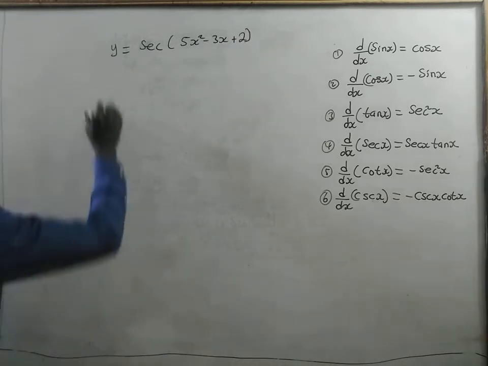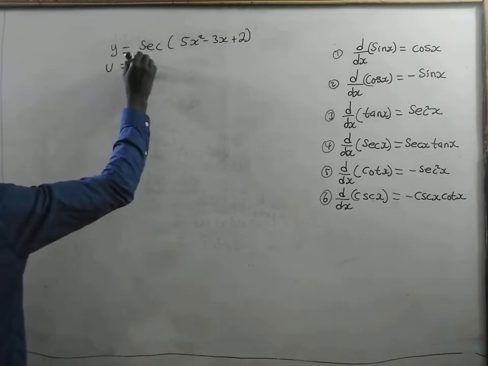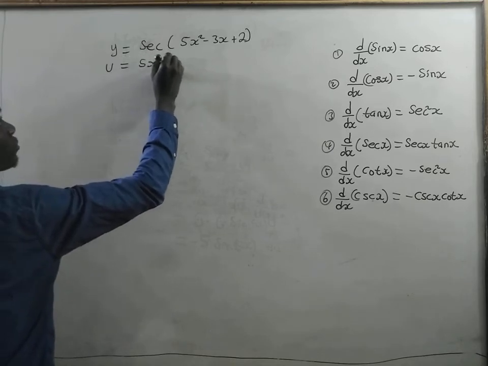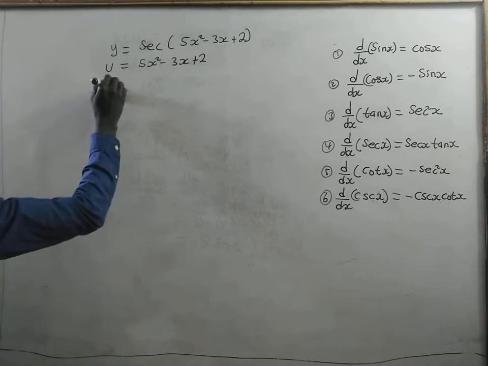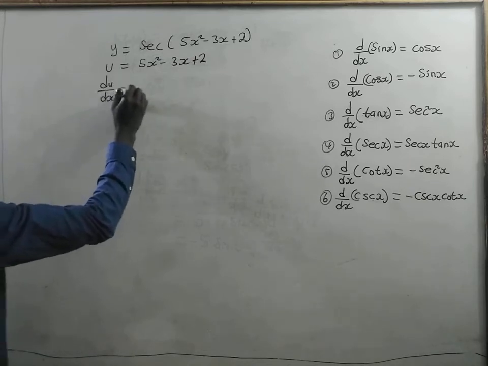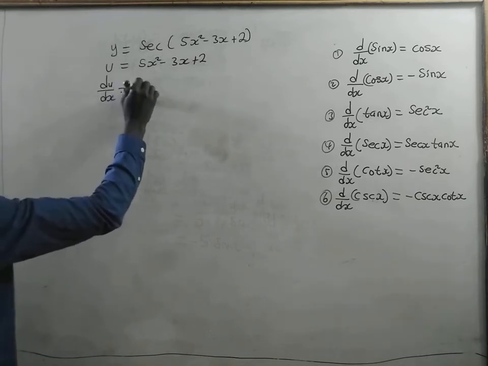So let's see. If we put u equal to 5x squared minus 3x plus 2, the derivative of u with respect to x is equal to, if we differentiate 5x squared, you get 10x.